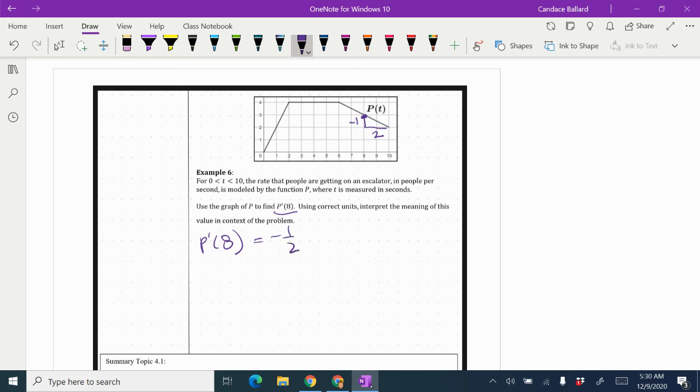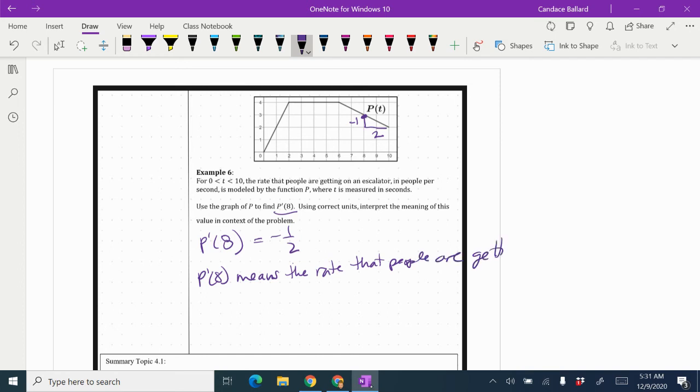Let's put that in the sentence in the context of the problem. So p prime of 8 means the rate that people are getting off the escalator.